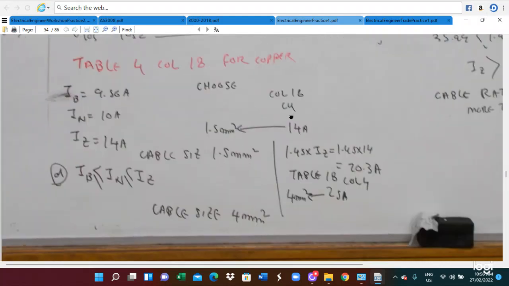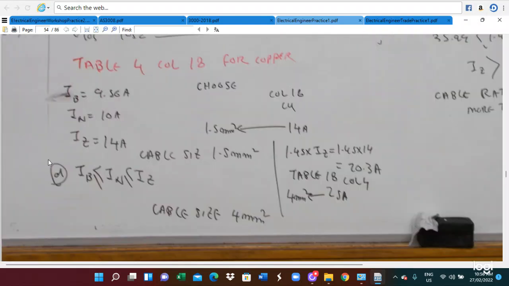Therefore, in this problem, the protective device rating is 10 ampere, the maximum demand current is 9.56, the IZ value is 25 ampere, and the cable size is 4 millimeter square. So in this problem we select the appropriate cable size to satisfy the protection configuration.